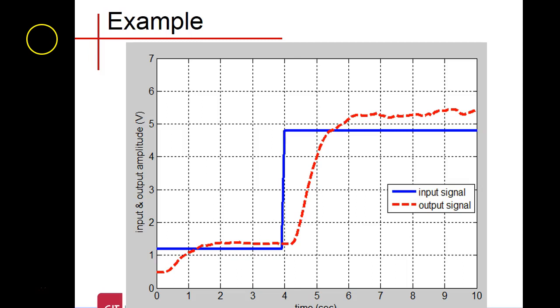But 1.3 up to about, we're probably better off taking an average here rather than the maximum or minimum value, so about 5.3 we'll say. So my change in output is about 4.